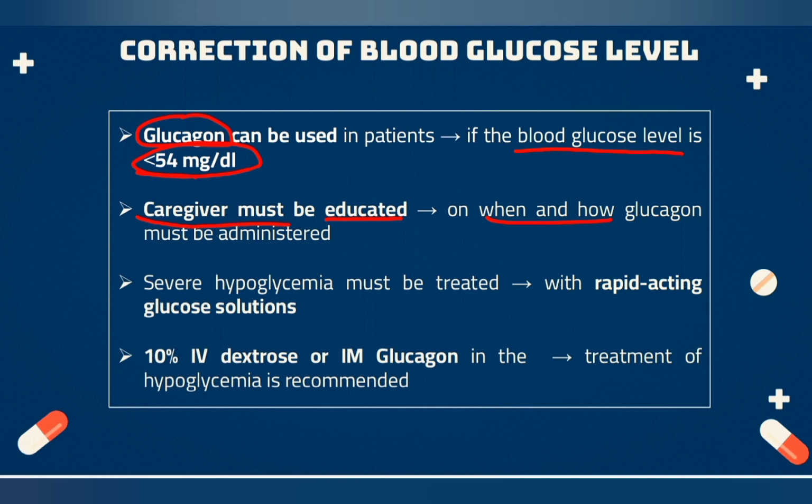In case of severe hypoglycemia, rapid acting glucose solutions should be used, and 10% IV dextrose or intramuscular glucagon can be given for the treatment of hypoglycemia.